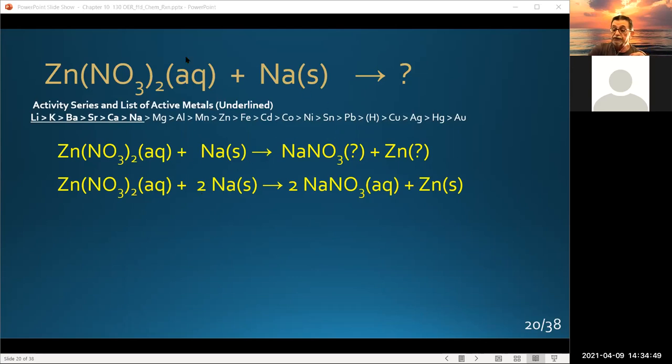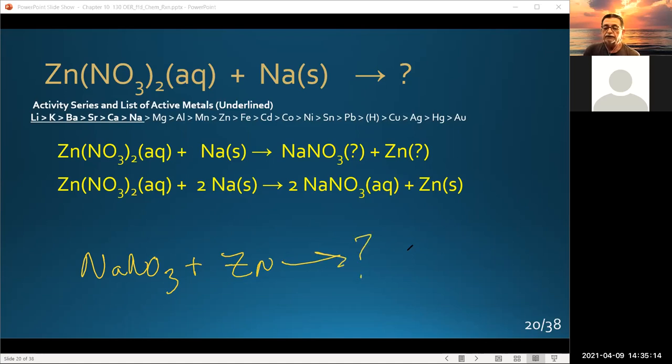Now, what does this also tell you? If the reaction proceeded in that direction, then the opposite direction will not work. What does that mean? What if I started off, instead of zinc nitrate, with sodium nitrate and I dealt with zinc? Would the reaction proceed?